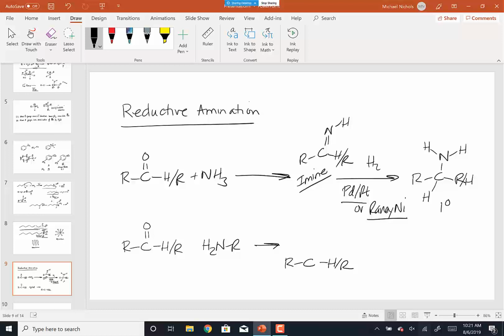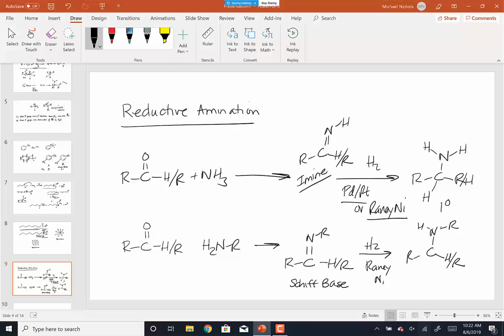Imine or the Schiff base. This is technically what we would call a Schiff base. And then what am I going to do with my Schiff base? React it with hydrogen and Raney nickel. And now what have I done? I've now made a secondary amine.